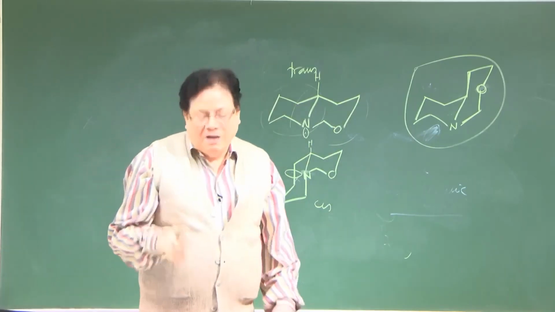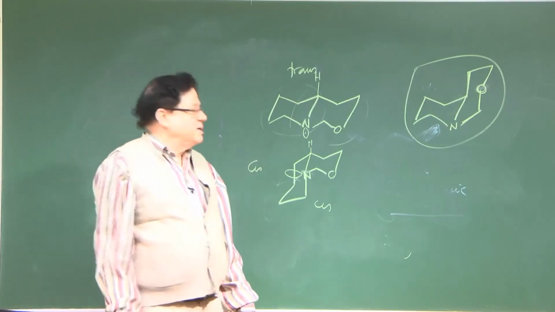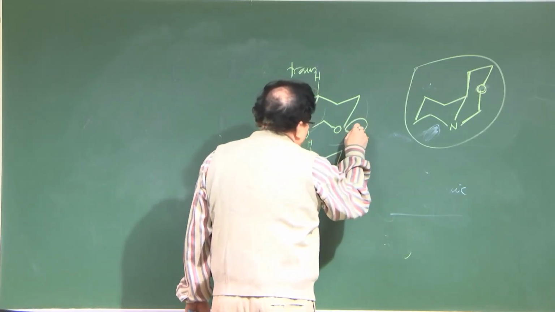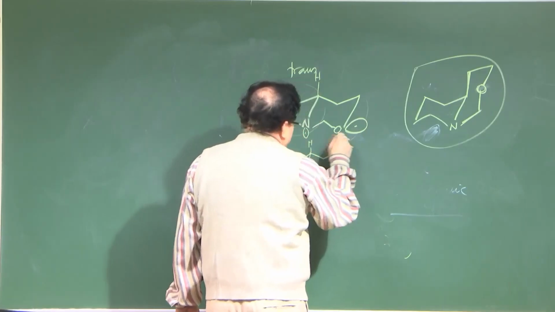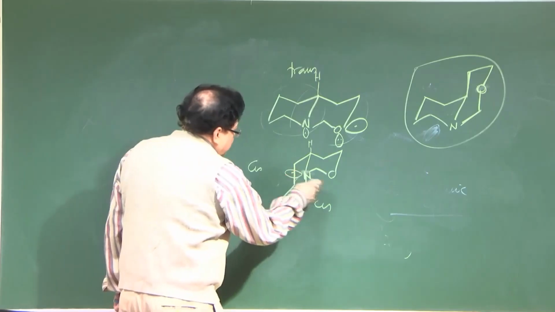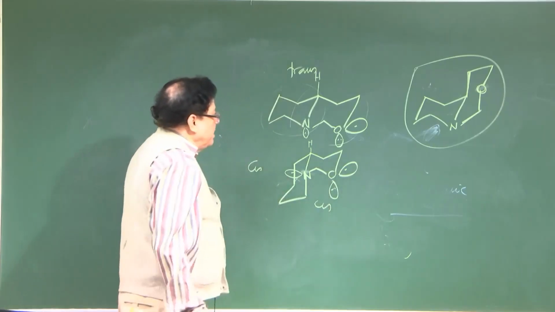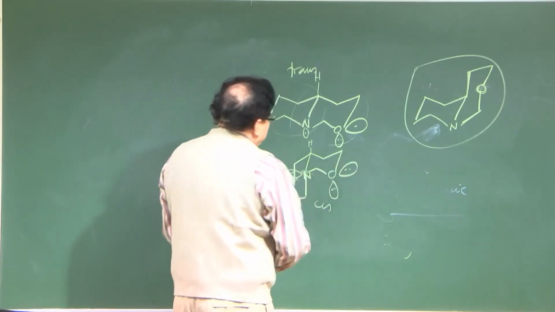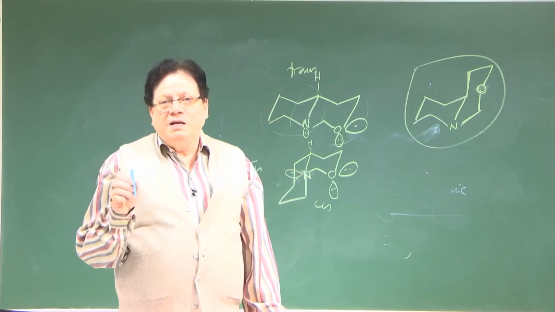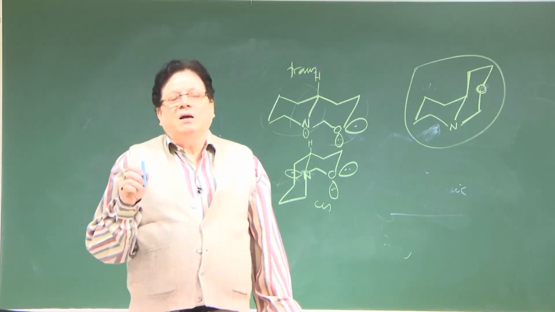So, that creates the genesis of the anomeric effect in these systems. Now, in order to find the anomeric effect, correctly draw the lone pair of electrons on the heteroatoms. So, this is the first one, the trans, and the second one is this, and there is a lone pair here and there is a lone pair there. Now, try to find out, as I said, whether against the lone pair there is a beta bond which is anti, and that beta bond has to be attached to a heteroatom.